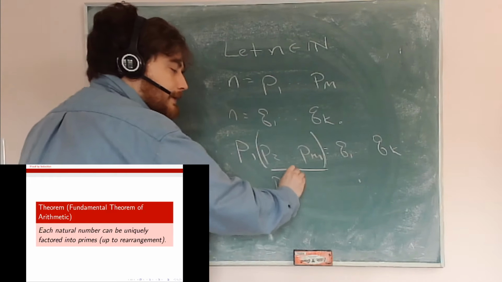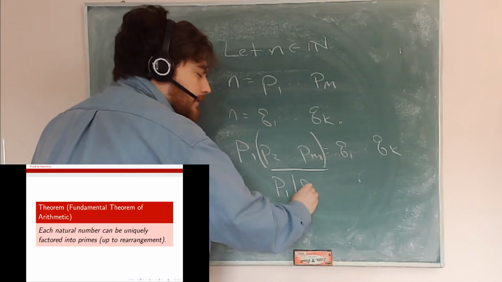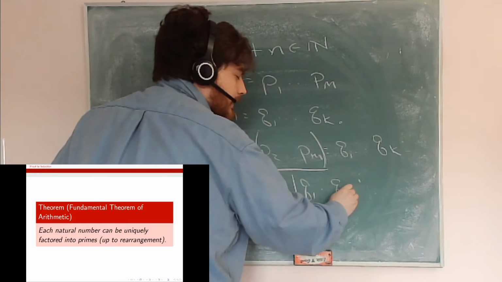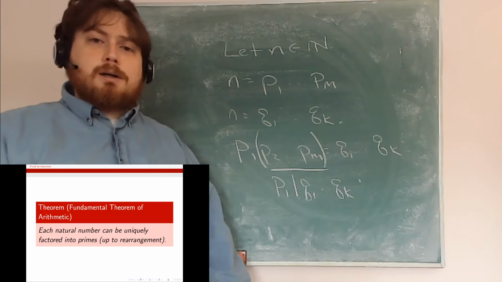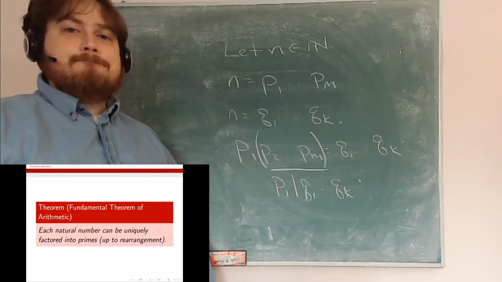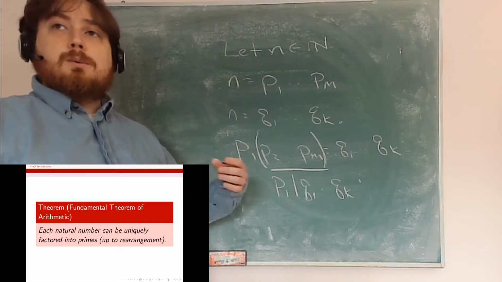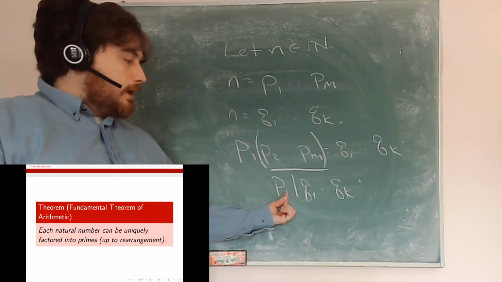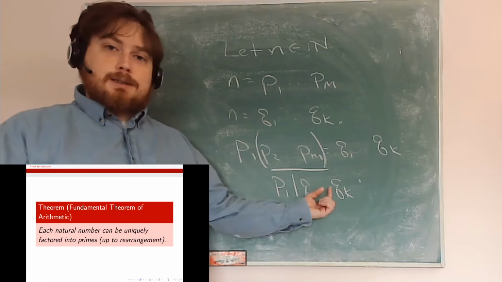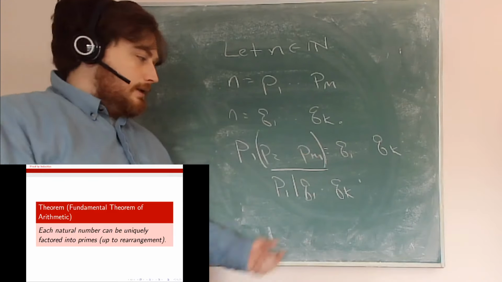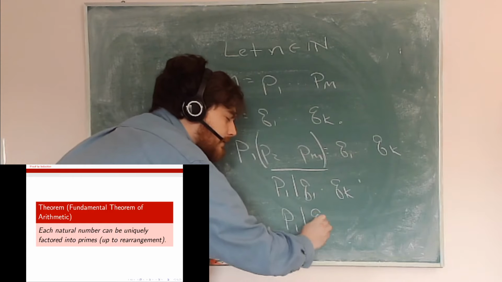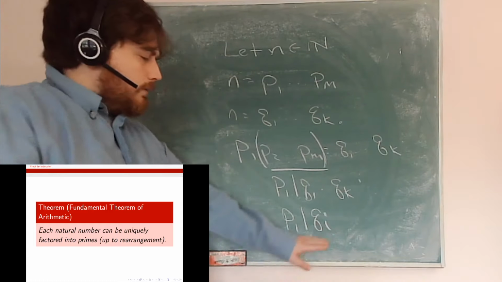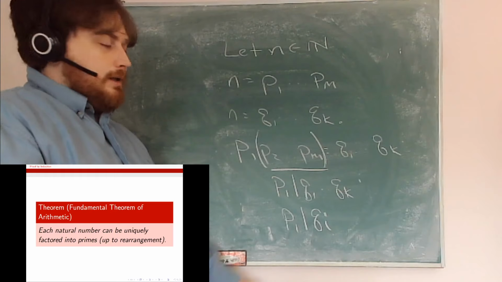Well, that means that p1 divides q1 through qk. So therefore, p1 divides a product of terms. If you recall on Wednesday, what we showed is that if a prime divides a product of terms, it has to divide one of the terms. Therefore, p1 divides q sub i for one of the q sub i's in this product.